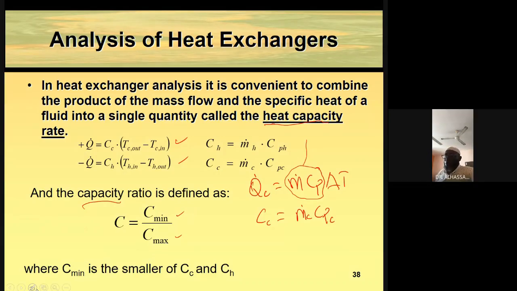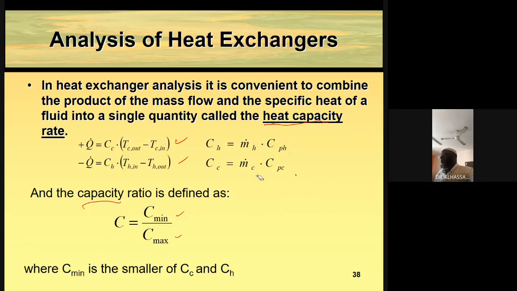For example, if we discover that this equals 5 and this equals 10, then this will be C minimum and this will be C maximum.